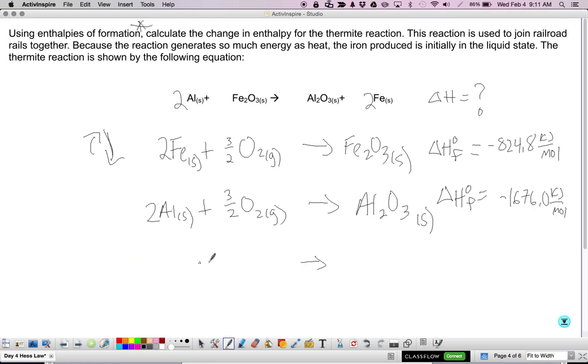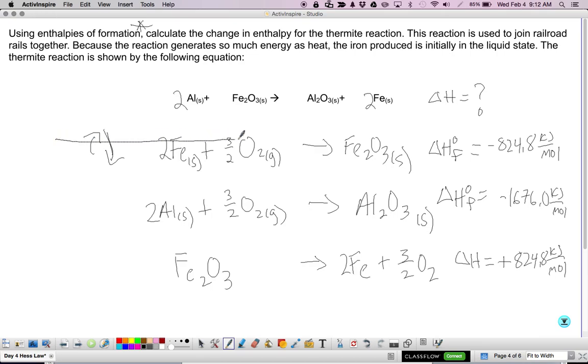So this is Fe2O3 yields 2Fe plus 3/2 O2. And delta H, remember, if I flip something, I need to change the sign. So this is going to be now positive 824.8 kilojoules per mole.